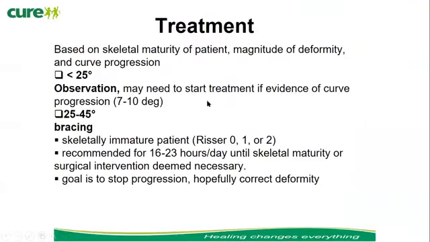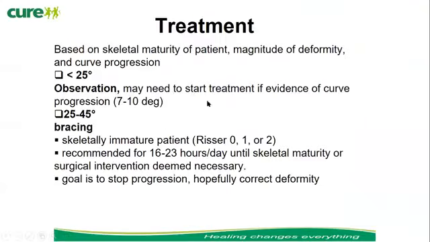Now, for curves that are very severe, as you saw there, I'm able to correct maybe on average about half the curve, but what you're looking at is to make sure that the cosmetic appearance of the patient is better in terms of trunk balance, both sagittal and coronal, but also the shoulder levels, whether they are balanced or not.